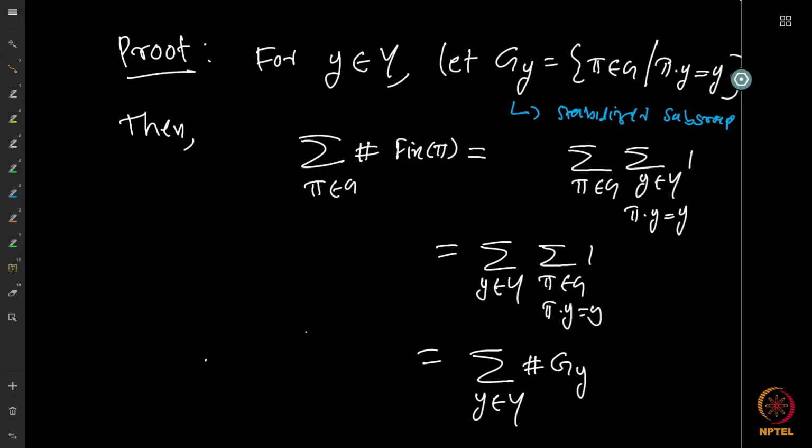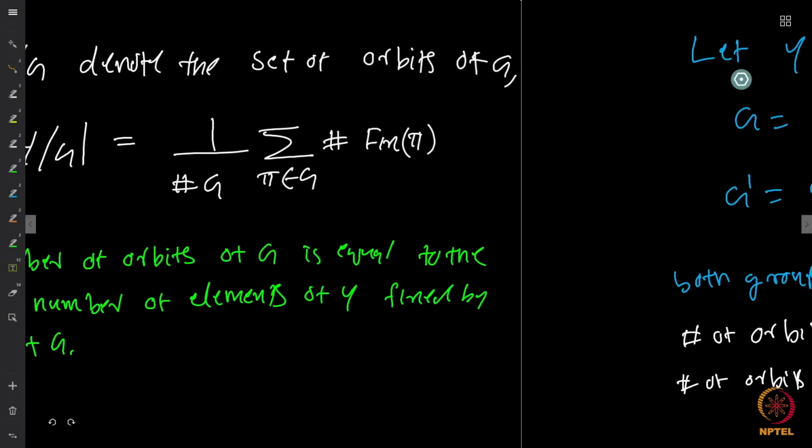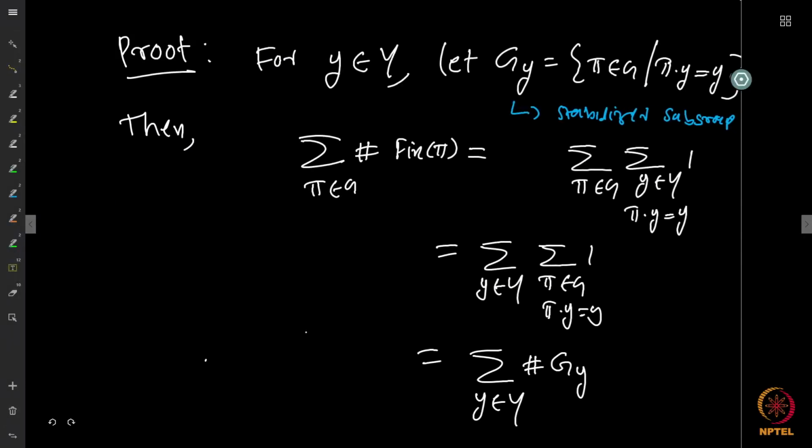Then to calculate this sum, right? 1 by mod G, summation pi belongs to G, cardinality of fix pi. So let us try to sum over all elements of G the cardinality of fix pi, right? Now what is this? So this is sum over all permutations, sum over all the elements in Y, right?